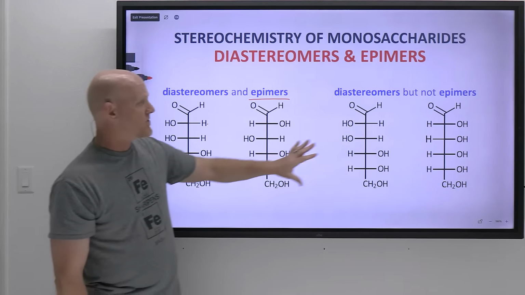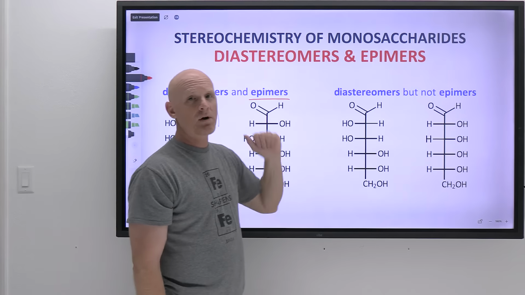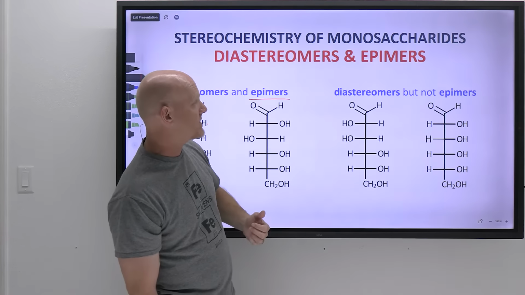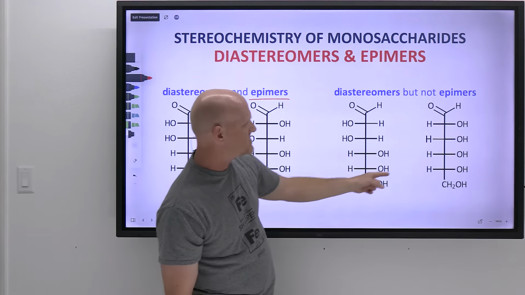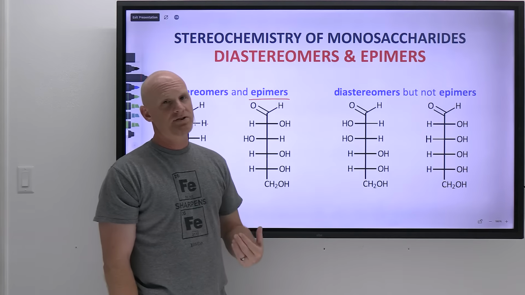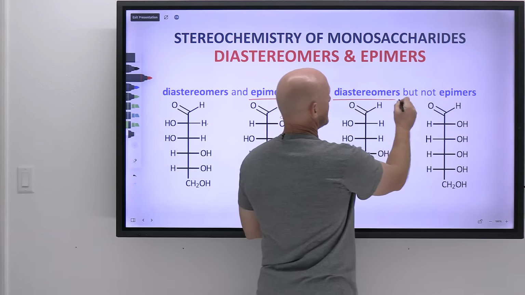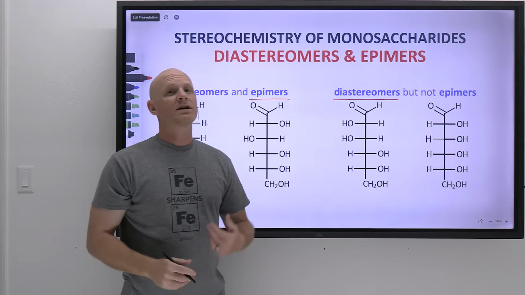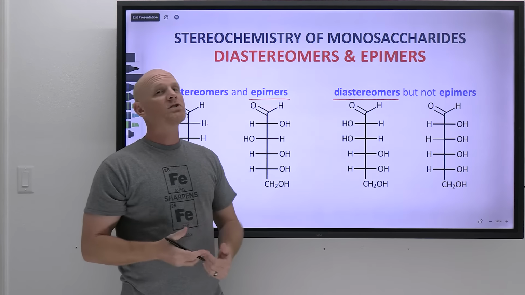All right, so we'll look at the ones on the right here. Both these have 6 carbons. They only differ in chirality. We see that the top 2 are inverted, but the bottom 2 are in exactly the same configuration. So some in the same configuration, some in opposite configurations. These are definitely diastereomers, but because they differ in more than just one chiral center, in this case in 2 chiral centers, we could not call them epimers.